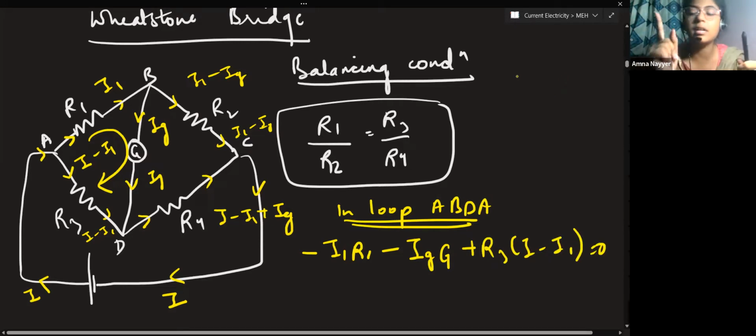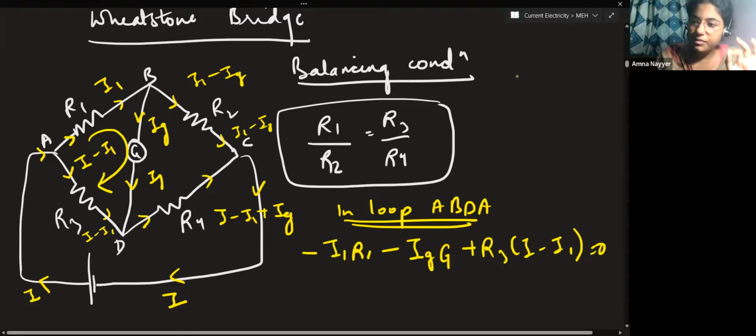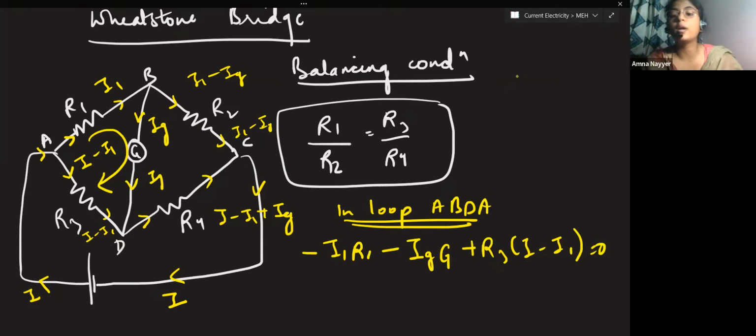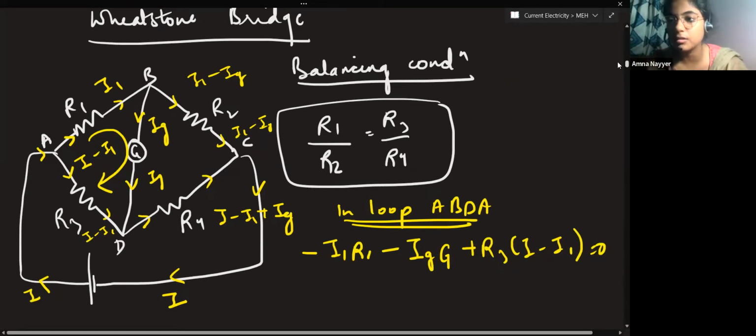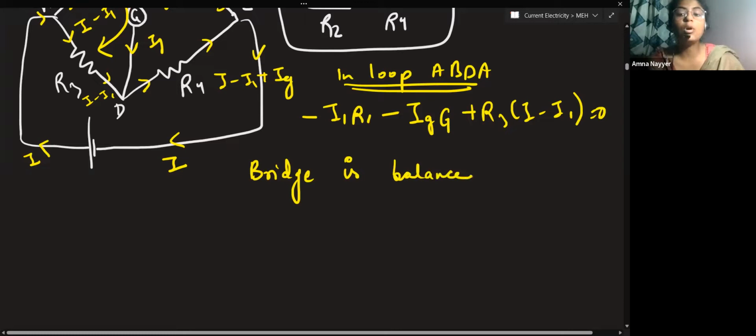Now, very important condition that will solve this question very easily. And remember this condition in the exam. By this condition, your whole paper, the whole calculations will become very easy. If the bridge is balanced, what we are trying to prove, what is the balancing condition? So if it's the balancing condition, then obviously we are considering it balanced. So if your bridge is balanced, then what did I tell?